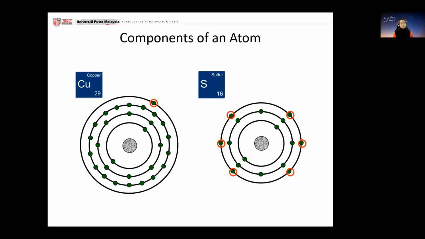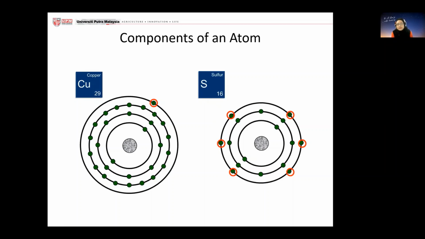So just now when I say the preference of an atom, it's that the valence orbit needs to be completely filled or empty, right? So if you look at copper, the atomic number is 29, and you have sulfur, the number is 16. So what is the relevance of knowing that?